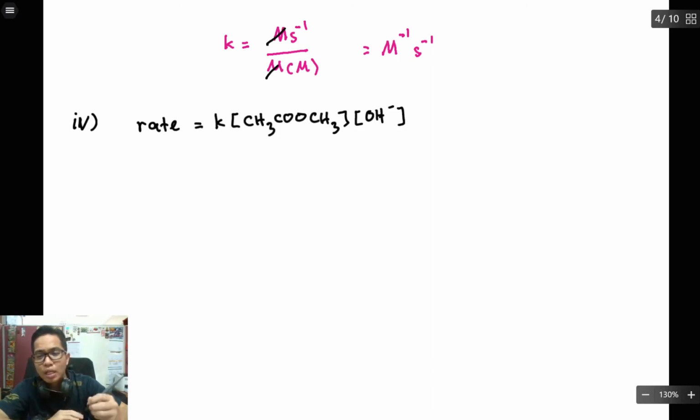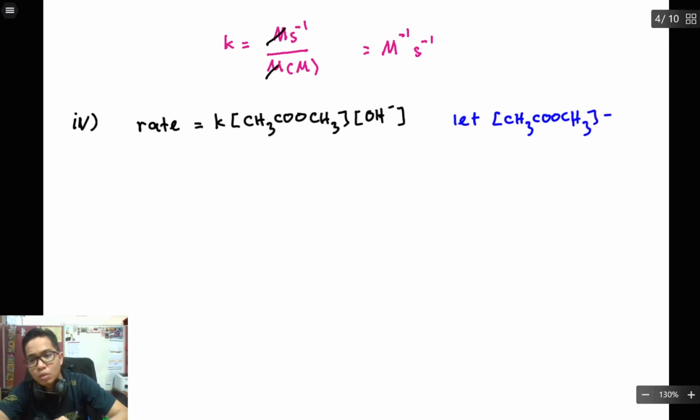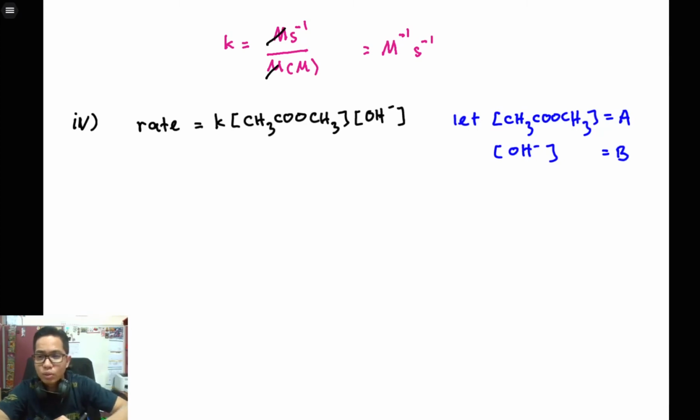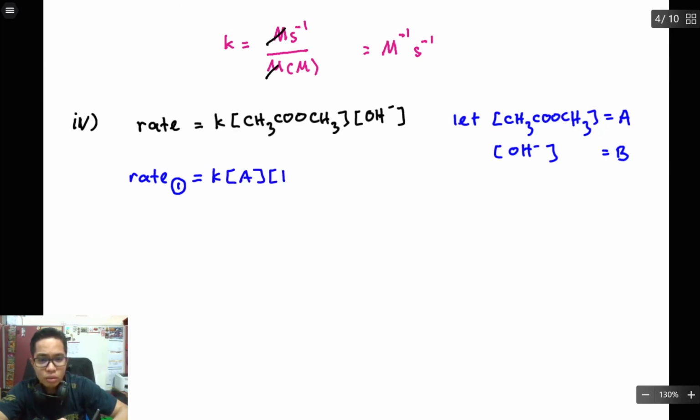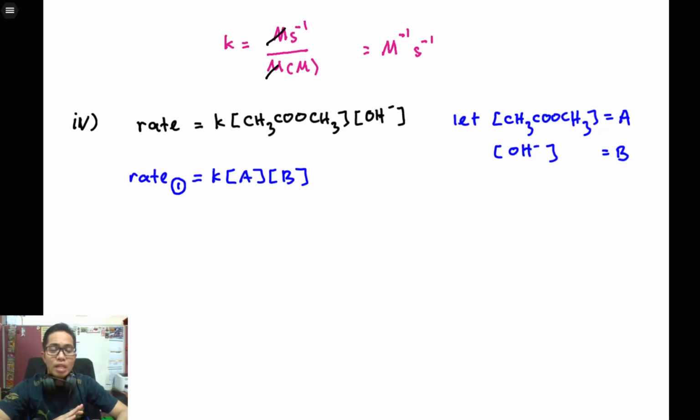Okay, since this part is long, so saya nak permudahkan. Kita kata let CH3COOCH3 equal to A and concentration OH minus equal to B. Okay, so now I can write as rate 1 yang pertama equal to rate constant times A times B. And then the condition, how many times will the rate increase if the concentration of both reactants are double.